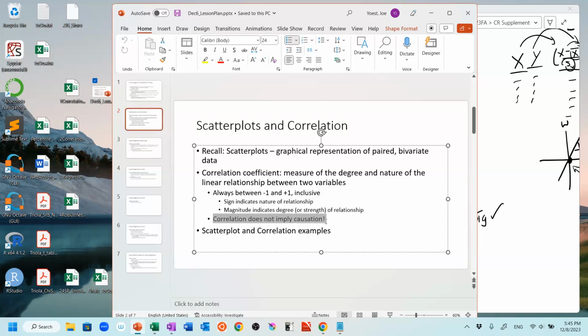And just a reminder from all the way back in chapter 1, correlation does not imply causation, or a strong regression result does not imply causation. Just showing that the two are related, that there's a strong degree of relationship, doesn't tell you that one causes the other, or which way the causation goes. It could be a third variable causing both.